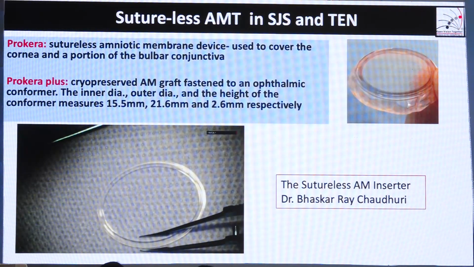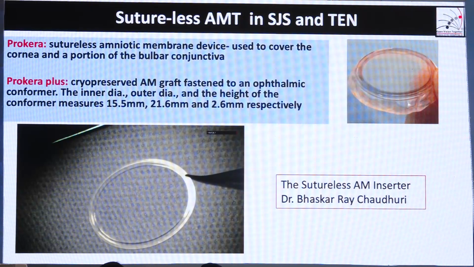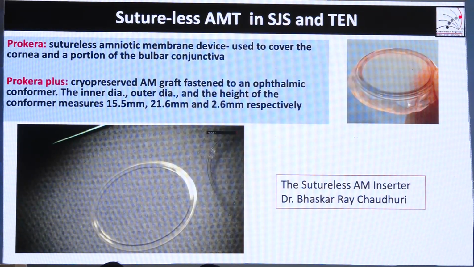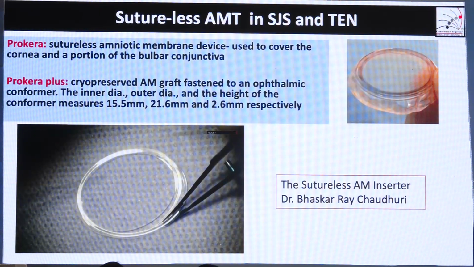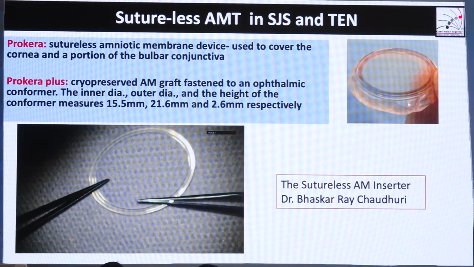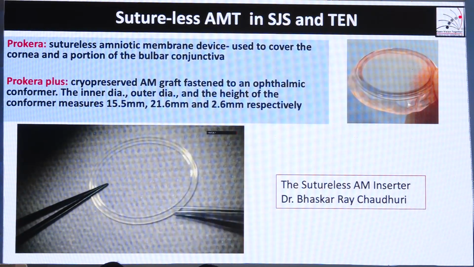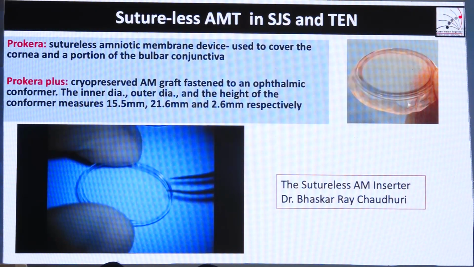This is the sutureless AMT by Dr. Bhaskar Chowdhury. This is from silicon tubing, a silicon ring, and it is snugly fitted. It is quite malleable and can be fitted in the deep fornix also.